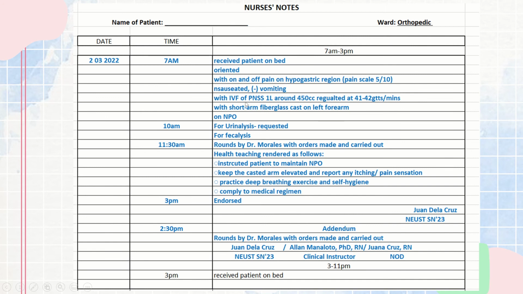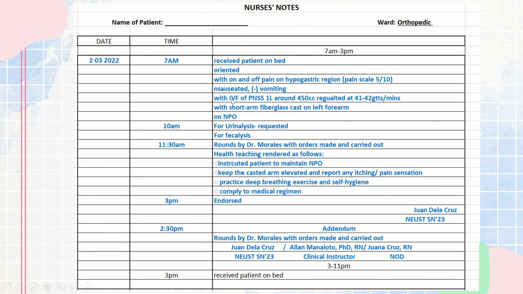Okay, next, with IVF of PNSS, 1 liter, around 450 cc regulated at 41 to 42 drops per minute. So after the subjective data, ang susunod mo na is the objective, kung ano yung na-observe mo. So ito, nakita mo na yung mga nakatusok or yung nakalagay kay pasyente, so yun yung ilalagay mo.